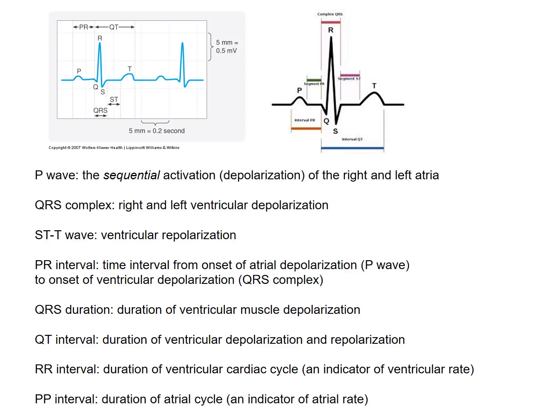So you should know what is going on in terms of the cardiac conduction cycle, not only in terms of the three specific waves, but also in terms of the intervals. So if we say PR, beginning of P to R, if we say QT, beginning of Q to T.